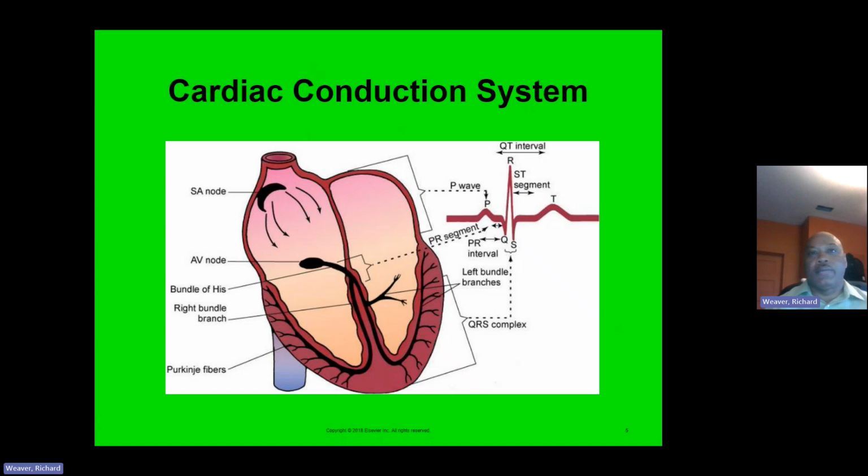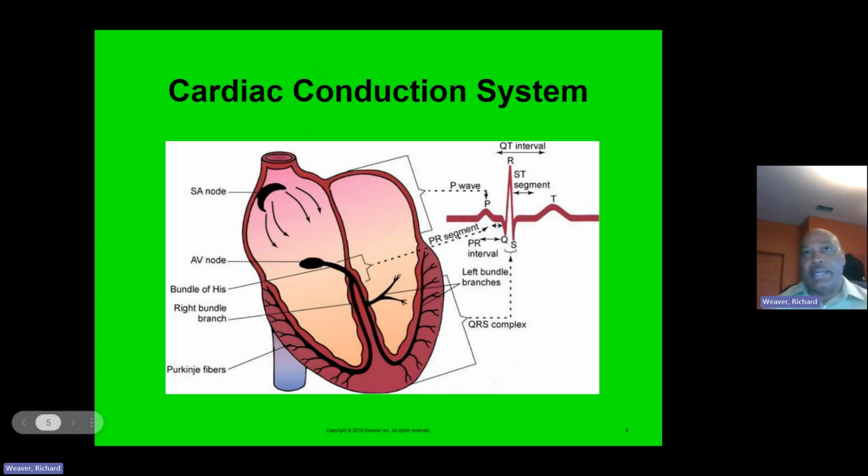When the conduction system and the heart muscle lack those essential nutrients, oxygen, and minerals, they go into dysfunction and you will begin to see dysrhythmias as a result.